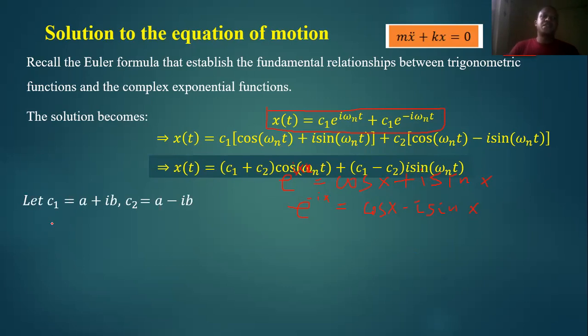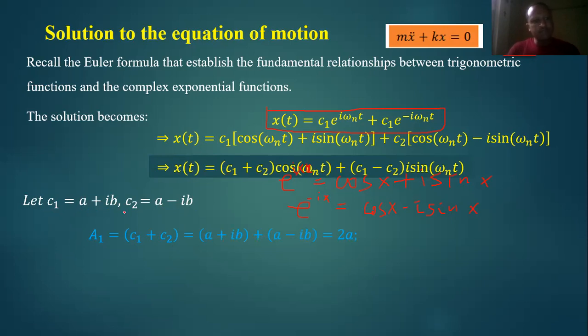Now let C1 be equal to A plus iB and C2 equal to A minus iB, just to understand the complex form of the equation. What will happen if we add these? Let A1 be equal to C1 plus C2.